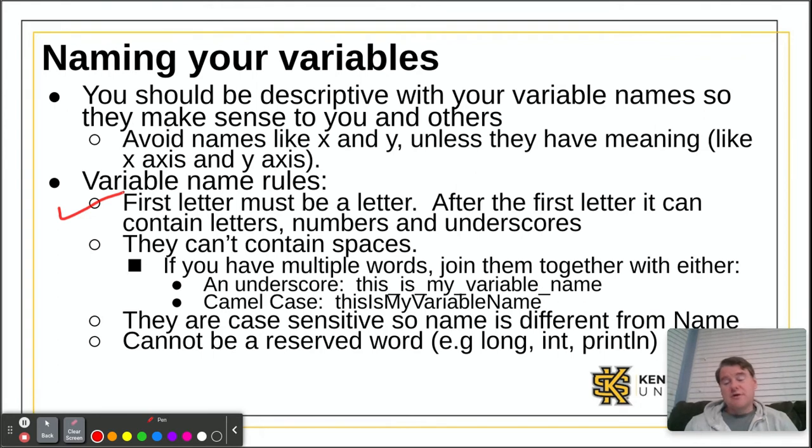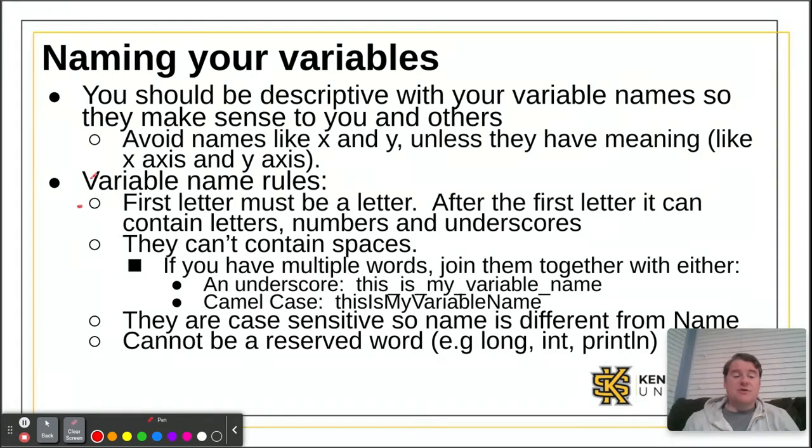After the first letter, you can have any number of letters, numbers, and underscores in your variable name. So you could have endas underscore KSU underscore ID, endas 7th KSU ID, anything you want as long as it's some combination of that. All right, so that's the first rule. You have to start with a letter, and you can only use letters, numbers, and underscores in your variable names.